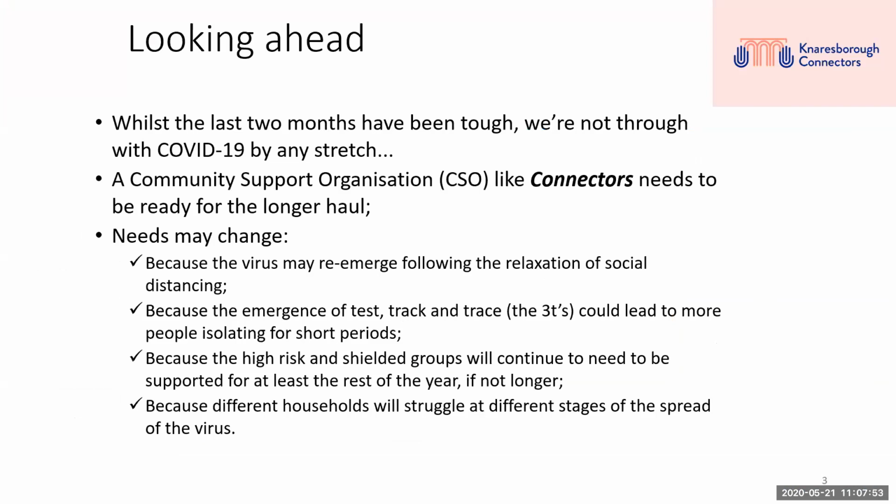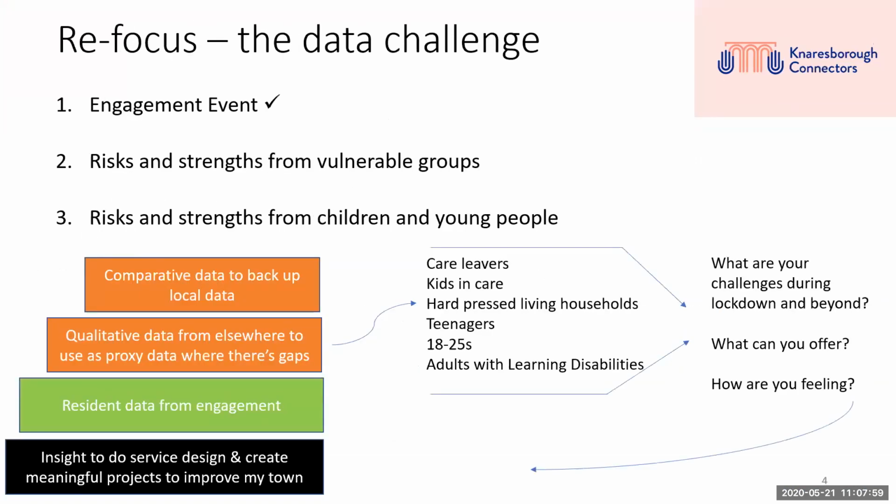So some of the data I'm hoping we might be able to find is data that gives us insight to do service design and create meaningful projects. So moving from being a reactive service-based organisation to one that's going to set up specific projects in our town to make a difference to people's lives. So the bottom black box is key there, which is insight to do service design.